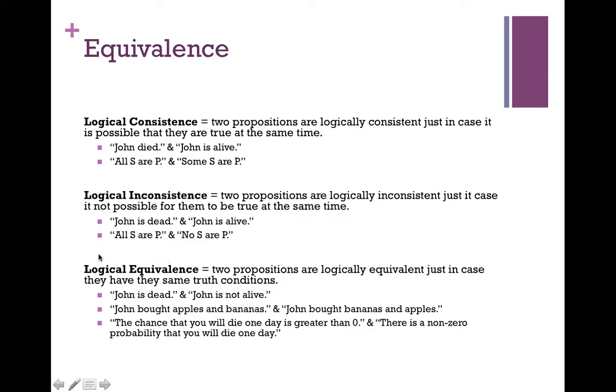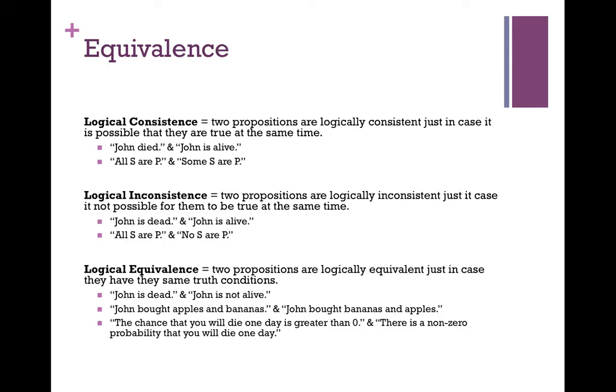So if two statements are logically equivalent, they are also logically consistent. But the opposite way doesn't work. Just because two statements are logically consistent doesn't mean they're equivalent. Just as up here, all S are P and some S are P are consistent but not equivalent. These down here are consistent and equivalent. In fact, they're consistent because they're equivalent.